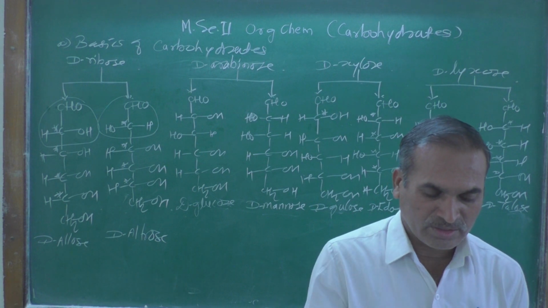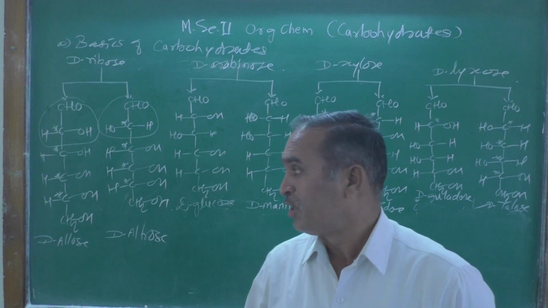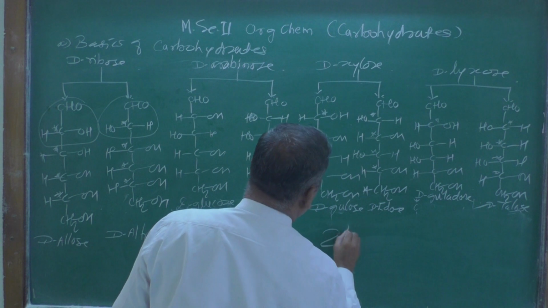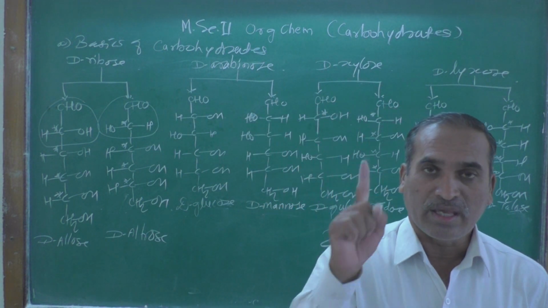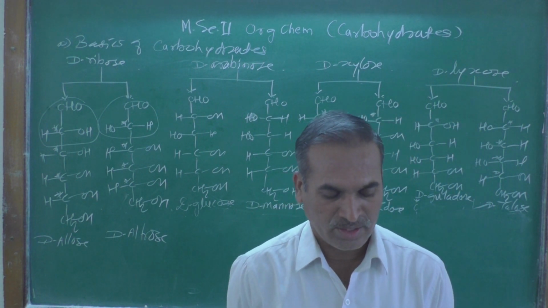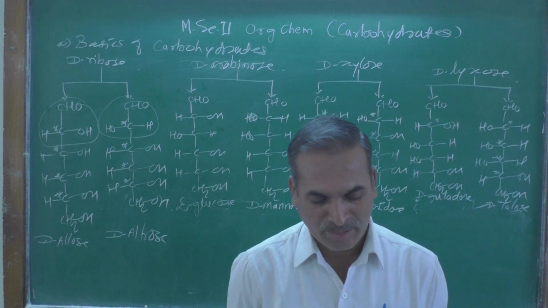The number of optical isomers is given by 2 raised to n. I already told you that, where n is equal to the number of asymmetric carbon atoms. Glucose contains 4 asymmetric carbon atoms.